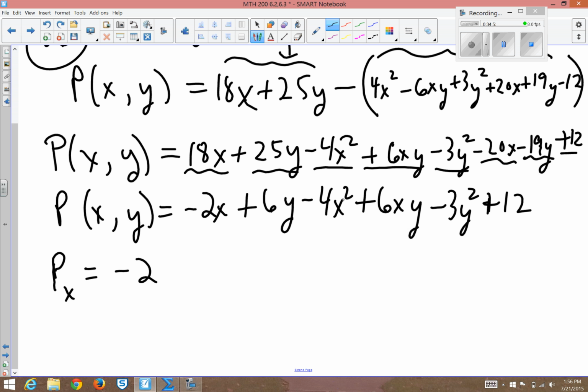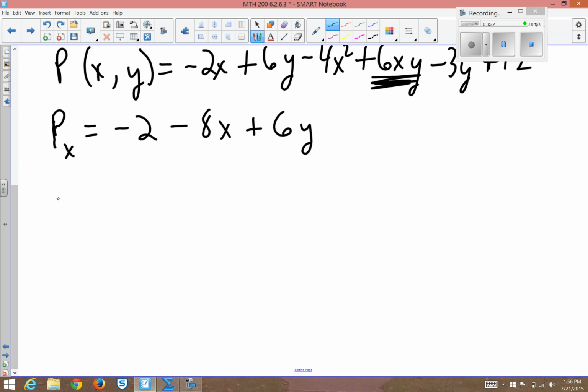The derivative of negative 4x squared is negative 8x. 6xy, same as 6yx, the derivative is 6y, because the derivative of a constant times x, like 6y times x, is the constant. And the derivative of negative 3y squared is 0. We're pretending y is a constant. The derivative of 12 is 0. So that's the partial derivative with respect to x.